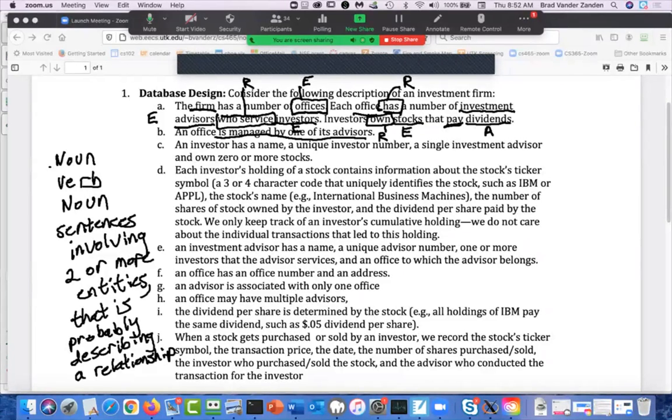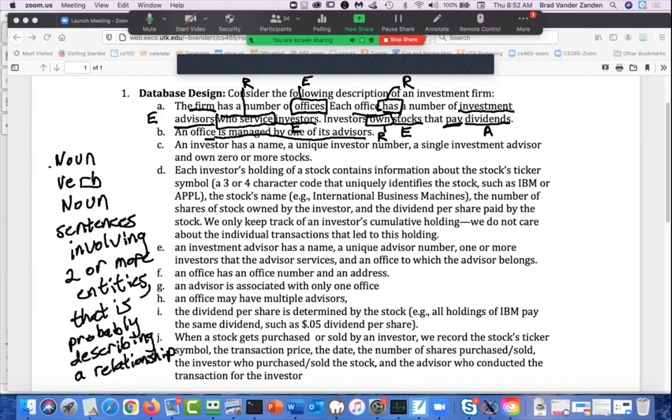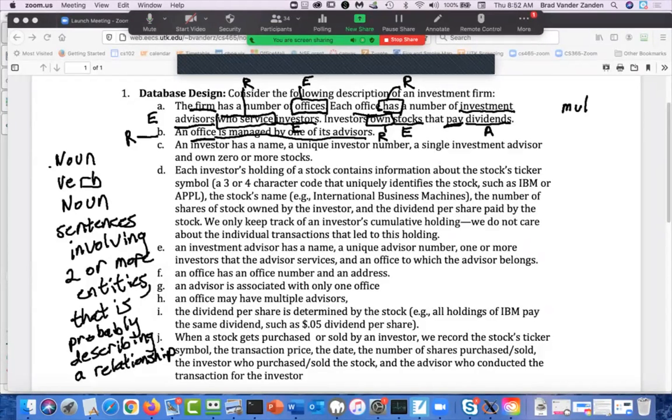So this again is a noun, verb, noun sentence. Office and advisors have already been identified as entities. So it very much looks like B is giving us another relationship, where an advisor manages an office. And not only is it giving us a relationship, but one thing we care about with relationships is multiplicity.